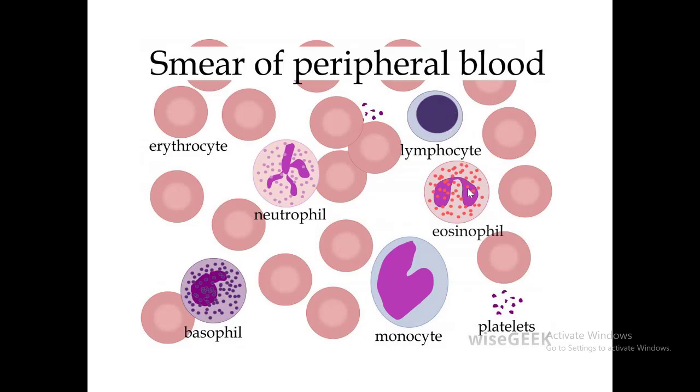Okay, 20 to 25% of white blood cells in the blood smear are lymphocytes in the normal condition.